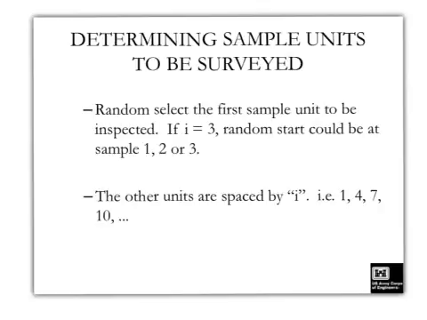For example, if i is equal to 3, then the random start could be at sample 1, 2, or 3. The other units are spaced by i, for example 1, 4, 7, 10. So you see the difference between 1 and 4 is 3, 4 and 7 is 3, and so on and so forth.